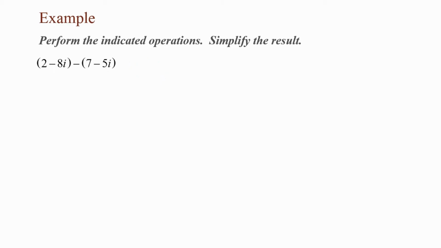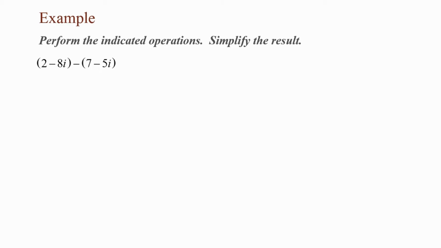In this example, perform the indicated operations, simplify the result of, in one parenthesis, 2 minus 8i, minus, in the other parenthesis, 7 minus 5i. Again, our parentheses are there for grouping. However, the minus sign is going to change the sign of the numbers in the second parenthesis.